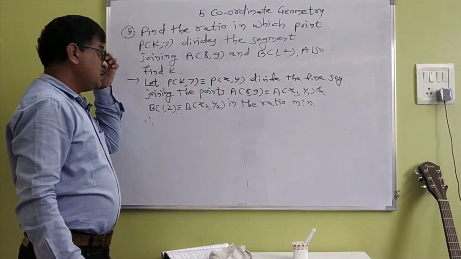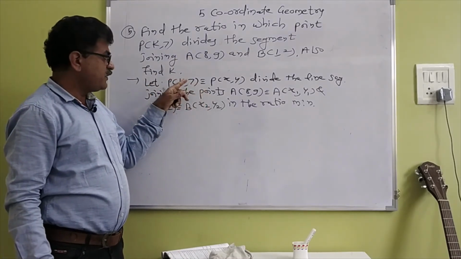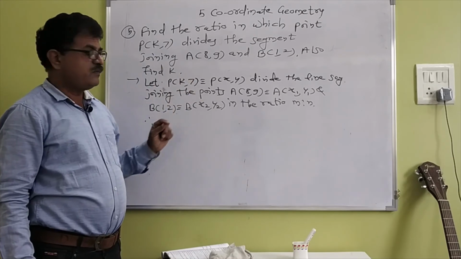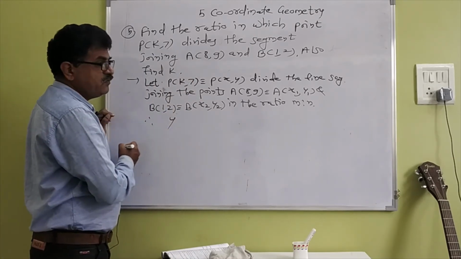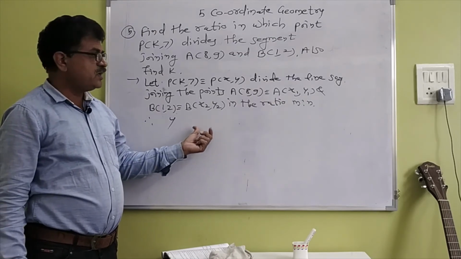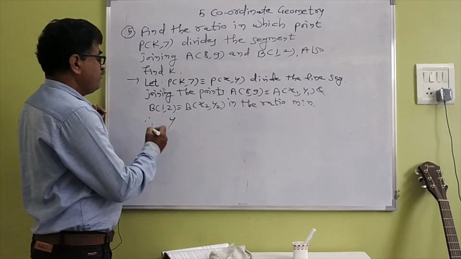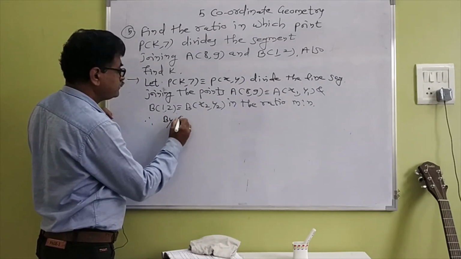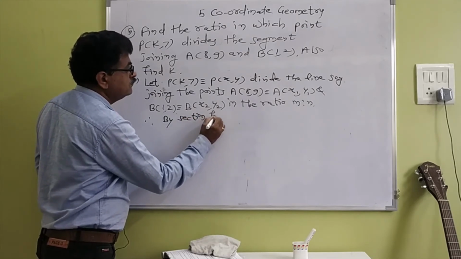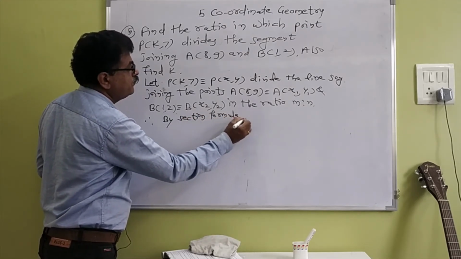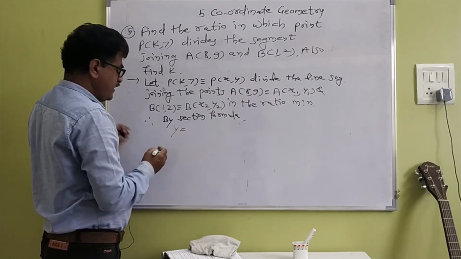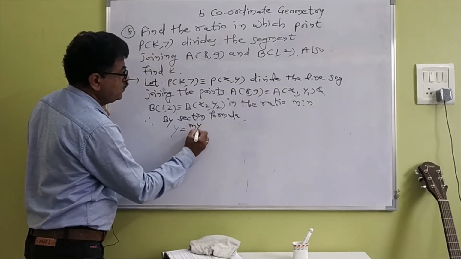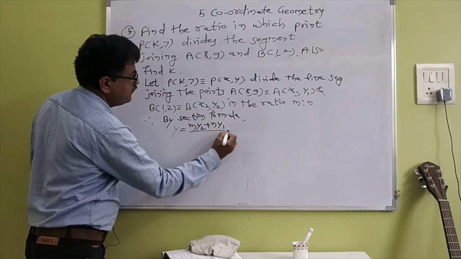Therefore, now first we have to find the ratio. Therefore, take this value of y, because we do not know k. Therefore, using the y coordinate we find the ratio m is to n. Therefore, by section formula, y coordinate: y is equal to m y2 plus n y1 divided by m plus n.